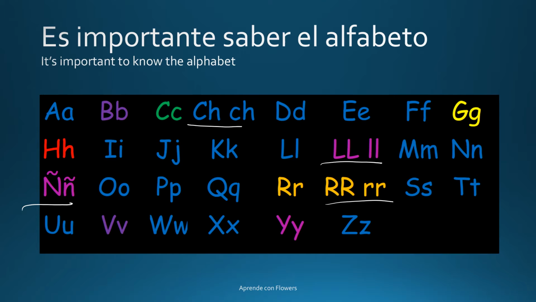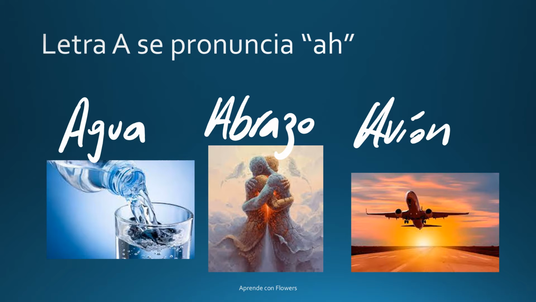I also have other letters that are highlighted here, and those are letters that could possibly give you trouble with pronunciation. But I will go into a deeper, more detailed explanation of those in future videos, so please don't forget to subscribe.